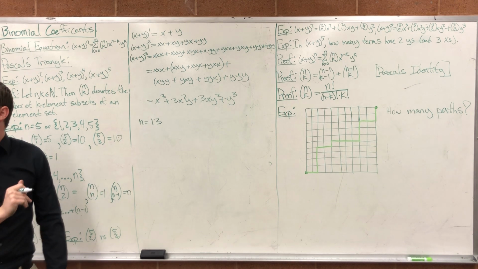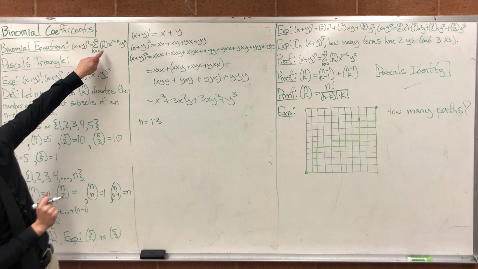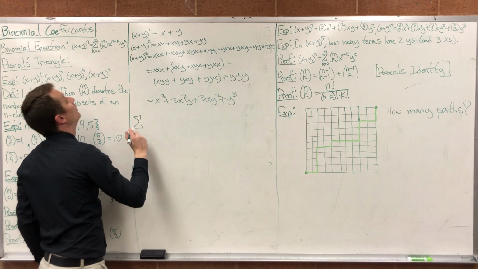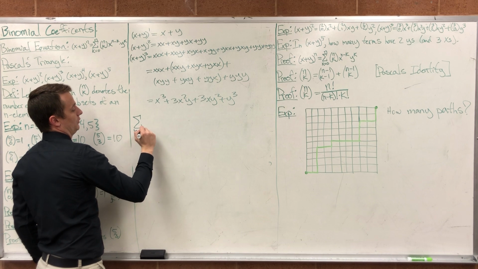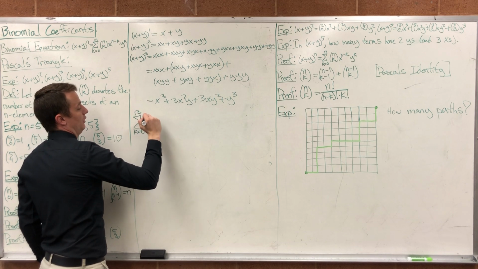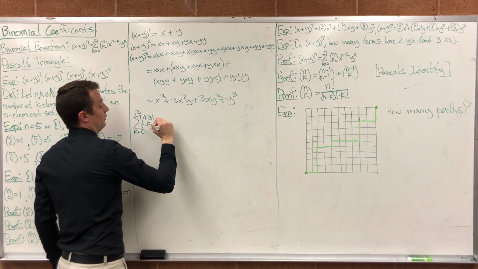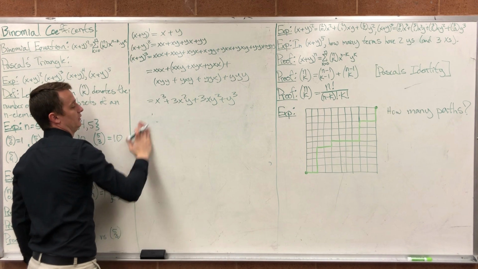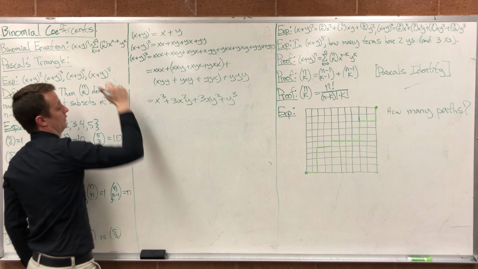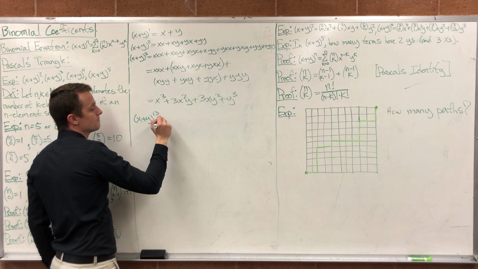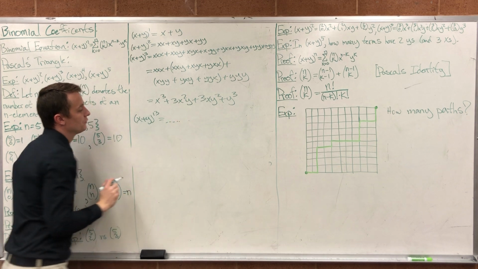And let's say I want to know, when I expand this out, the coefficient of the term with, well, forget the formula for a second. Let's just look at it this way. I say when I expand this out, x plus y to the 13 equals da da da da da.